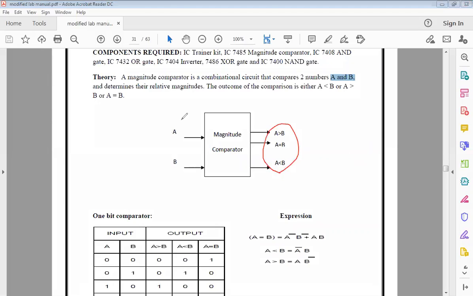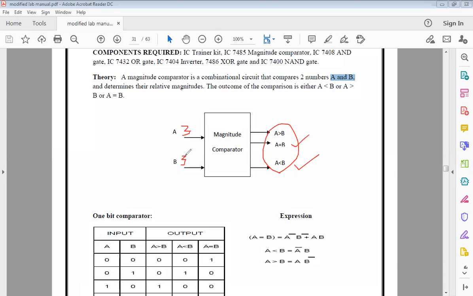So let's say A is equal to 2 and B is equal to 3. Which one should go high? The first, second, or the third one? B is greater than A, so the third one should go high, right? If I change the value to 3, then the second one would go high.